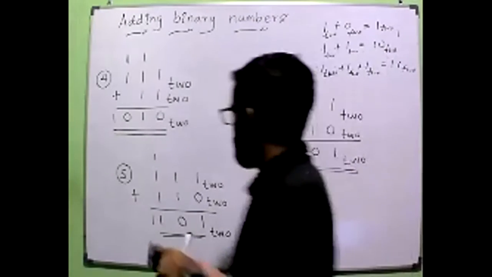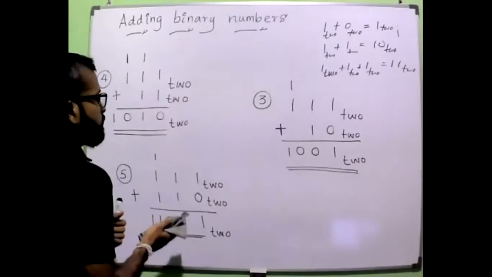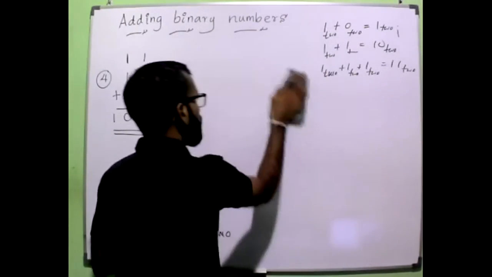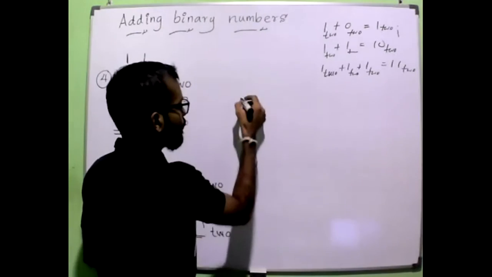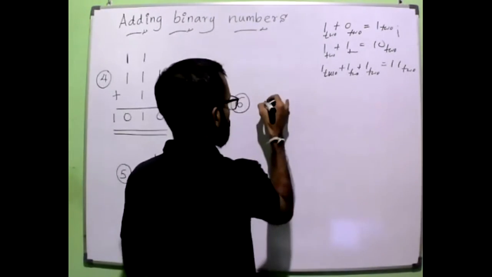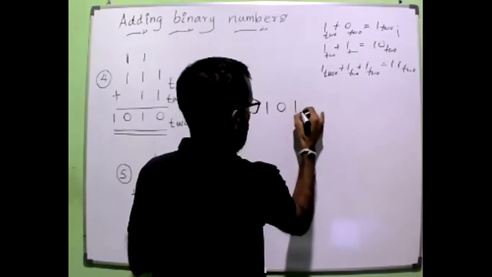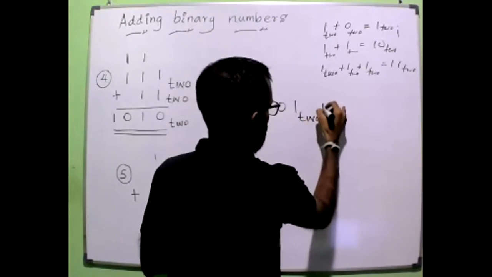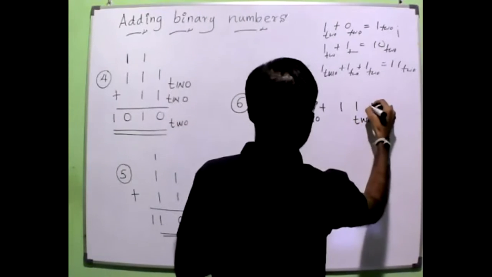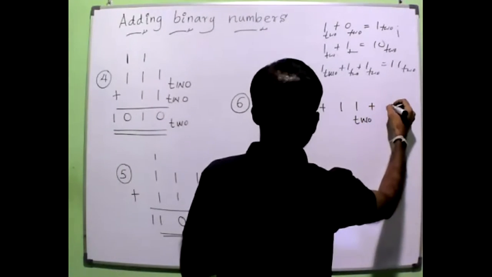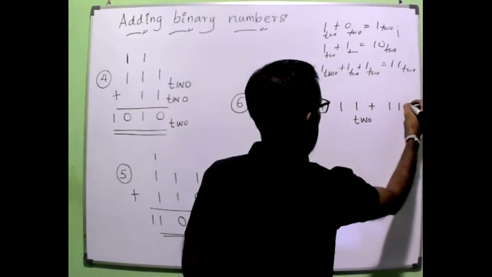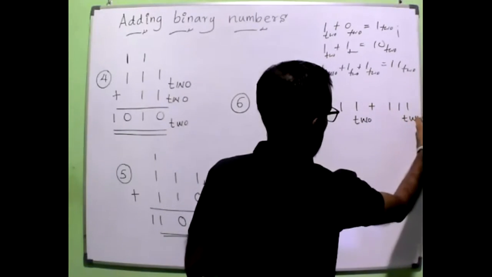When you have something like this, let's say, look at the board: 101 base 2 plus 11 base 2 plus 111 base 2.